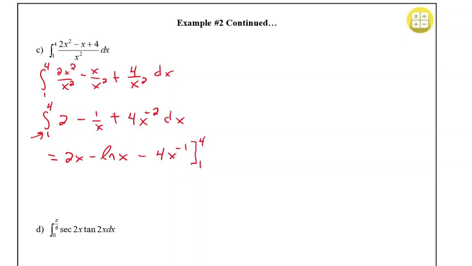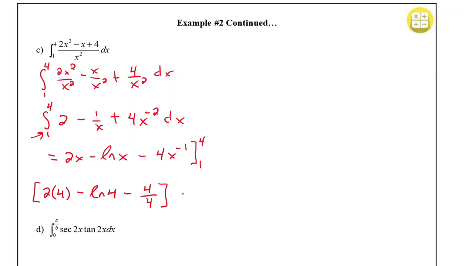So now we're just going to do that for both. So this would be, use square brackets, 2 times 4 minus the natural log of 4 minus 4 over 4, just x to the negative 1 is over x, right?